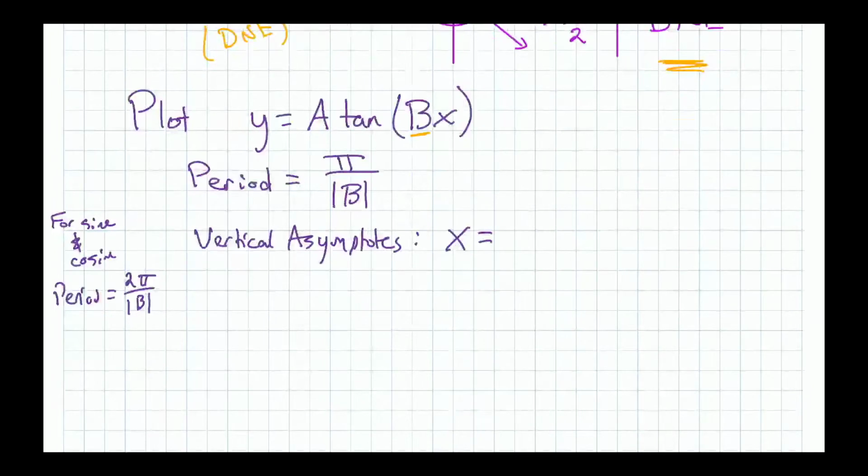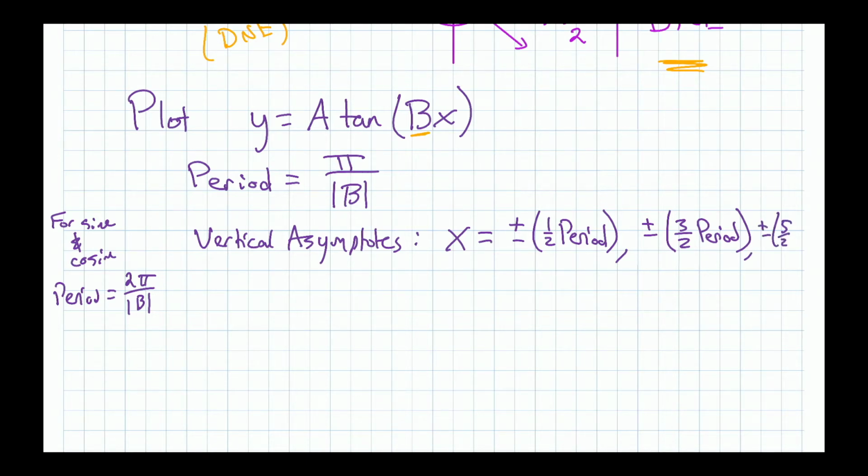So that's going to be at plus and minus 1/2 period. The next asymptotes are going to be plus or minus 3/2 periods, right? 3/2 pi, remember? That kind of thing. And then that pattern is going to continue. So plus or minus 5/2 period, and so on. Okay? So you get those asymptotes in the right place.